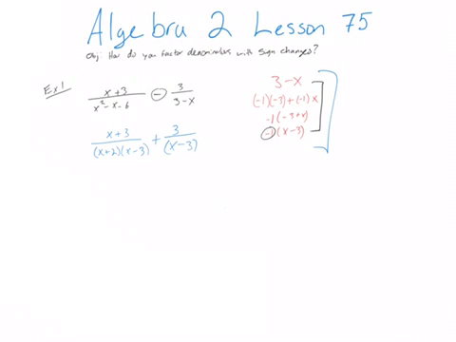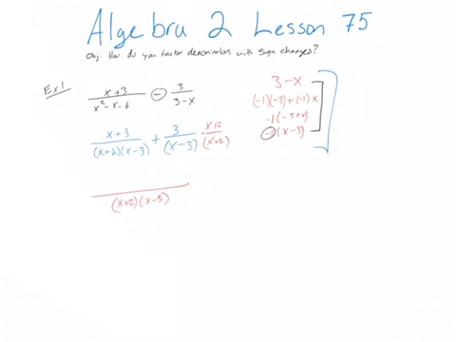We're not quite finished with this problem. Remember, we want to get those denominators to be the same, so I need to multiply this by x plus 2 over x plus 2. My whole denominator is going to be x plus 2 times x minus 3.